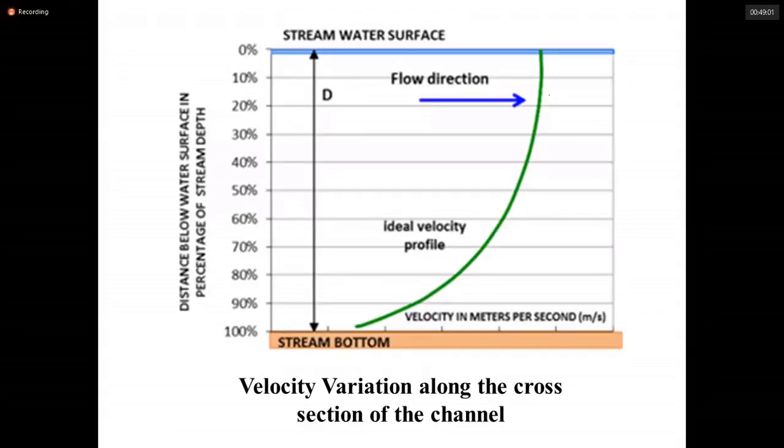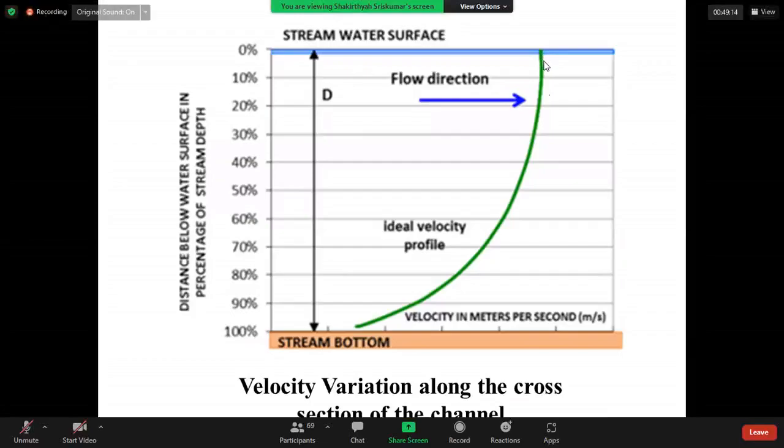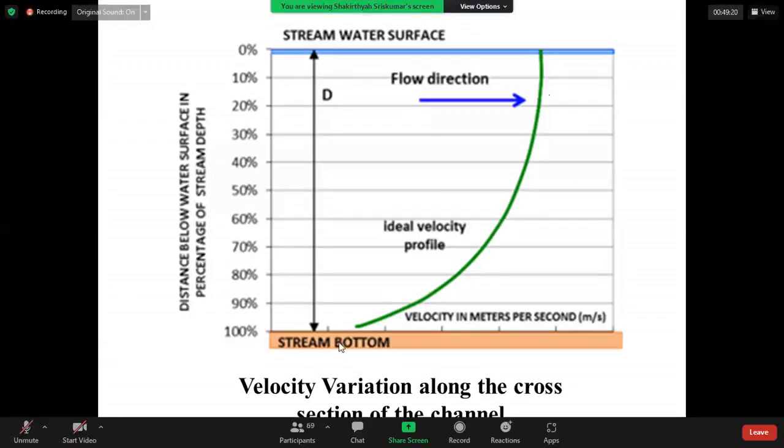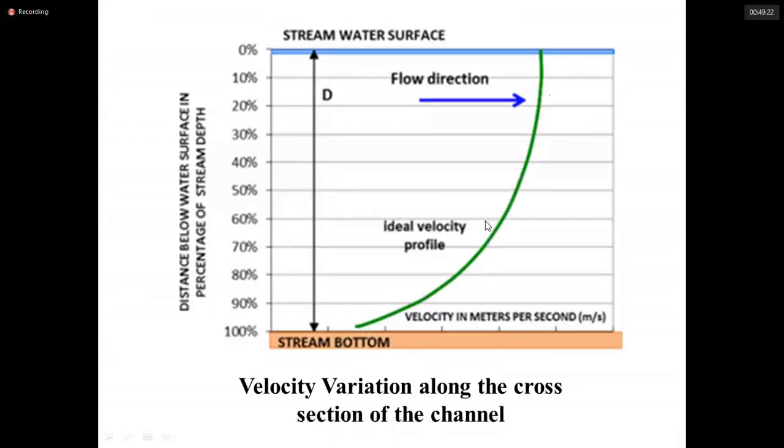Once you draw a graph, you must point out what your x-axis and y-axis are. So the velocity is very high on the surface area and it's very less in the bottom part. So this is how the velocity is changing with depth.